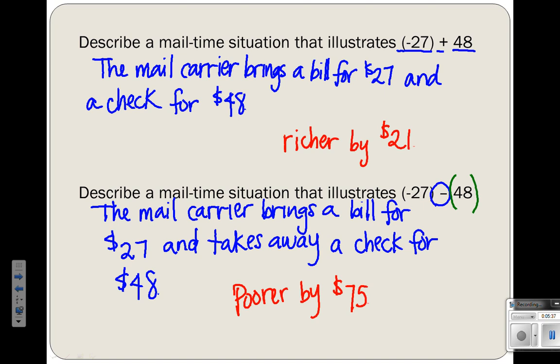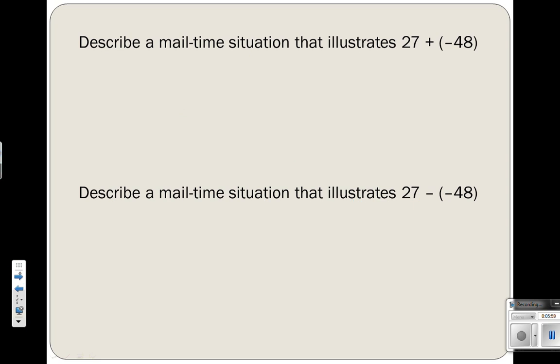Now, if you're working with My Math Lab, it's going to ask you if you're richer or poorer. When it asks you that, if you're poorer, you don't put a negative 75. You'll just put poorer by 75. Okay, so be sure that you don't include that negative or it'll count it wrong. Okay, let's look at two more situations. We're still using the same numbers. I'm just changing the signs up so that you can see the difference.